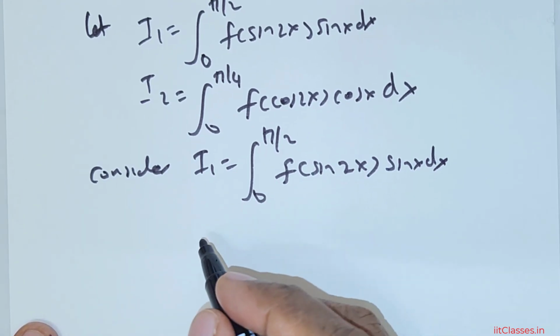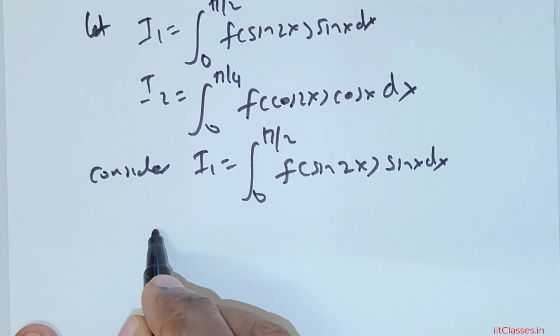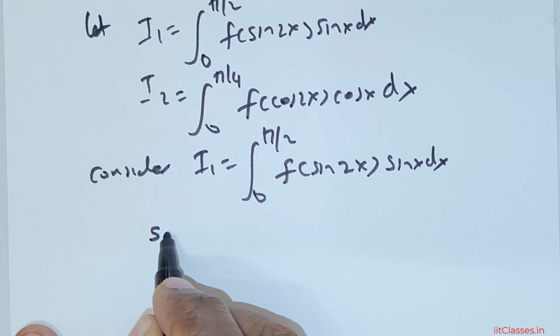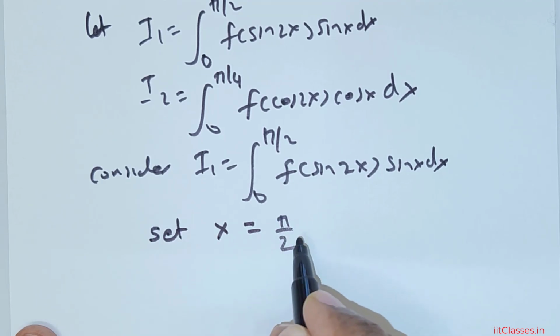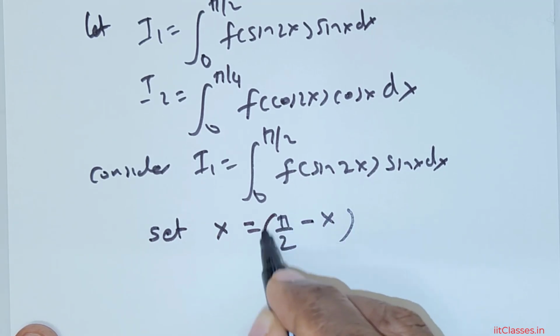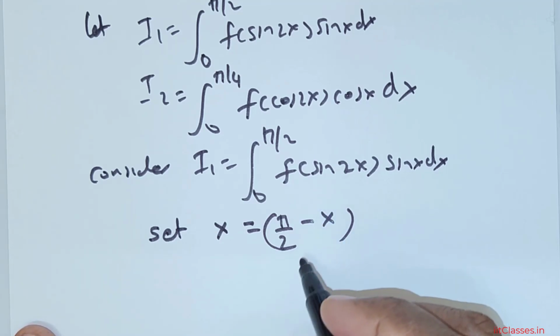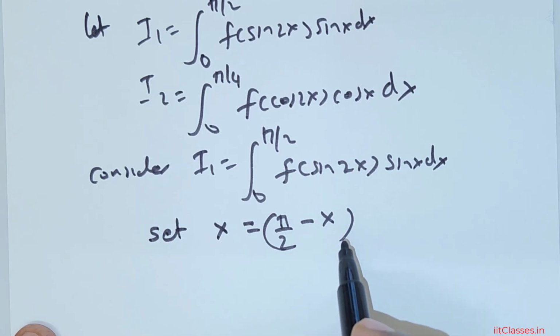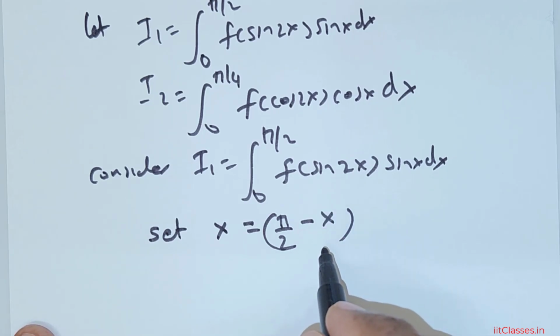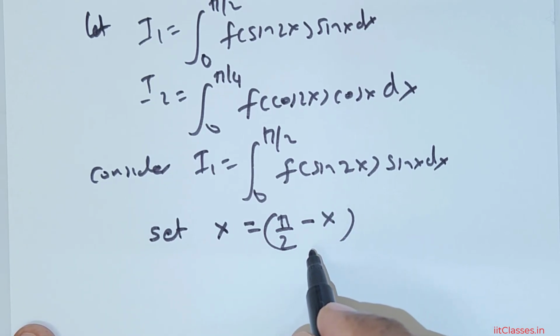Now I would like to set x equal to pi over 2 minus x, from the property of definite integrals. This is an acceptable substitution.